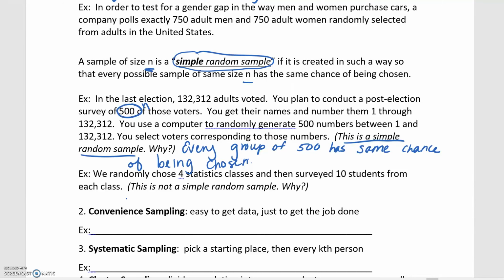So here's an example that's not a simple random sample. We randomly choose 4 statistics classes and then survey 10 students from each class. So here our n is 40, we're having 40 students, but some groups of 40 have no chance of being chosen.